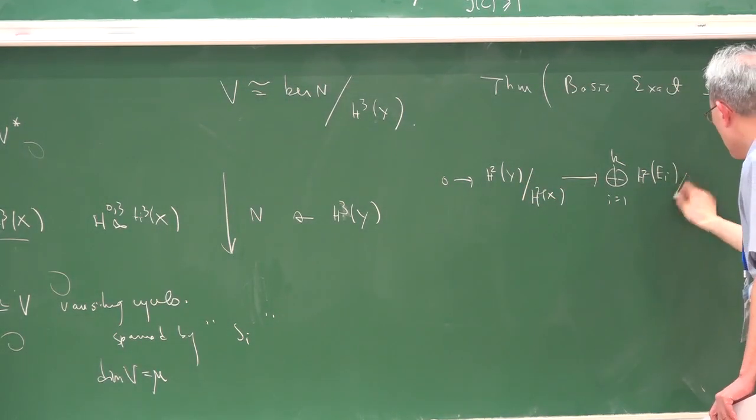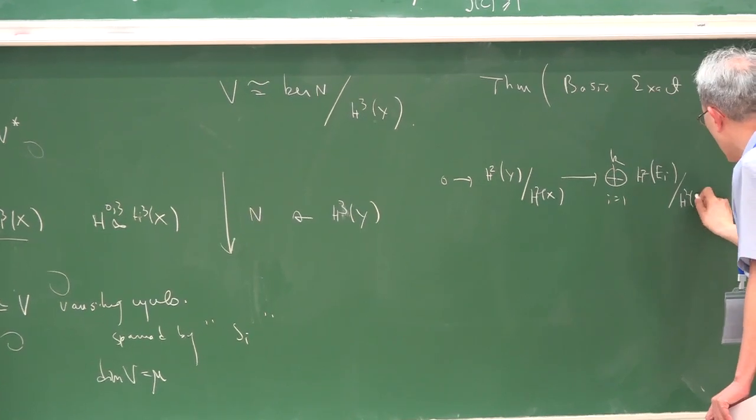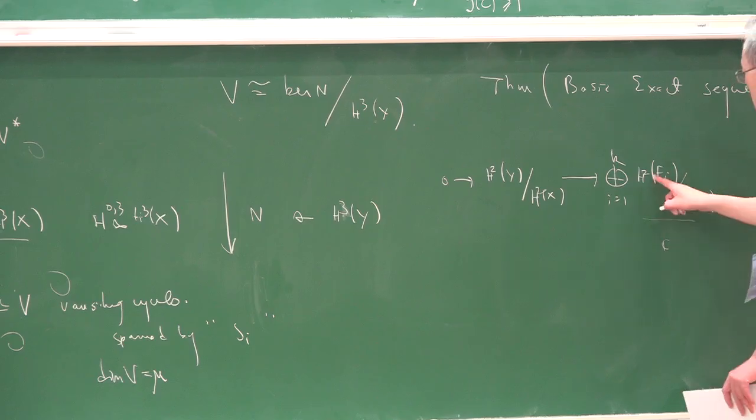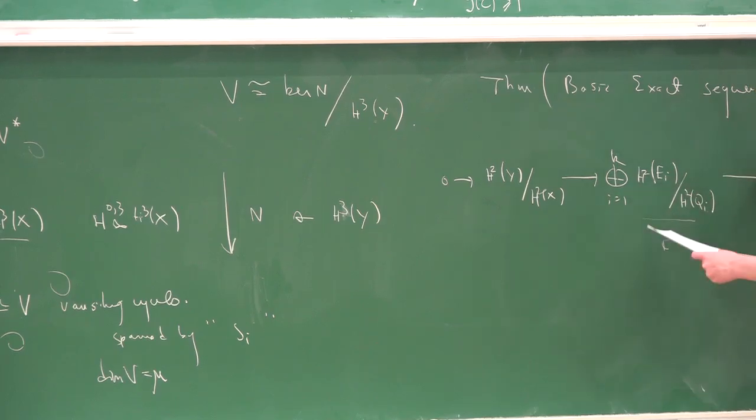And then you quotient by H2(Q_i), and Q_i are quadric surfaces. So by the Lefschetz hyperplane theorem, we know this is rank 1. So for each piece, you just get one C. Because this is C squared, this is C. And then you map to the vanishing cycle space.